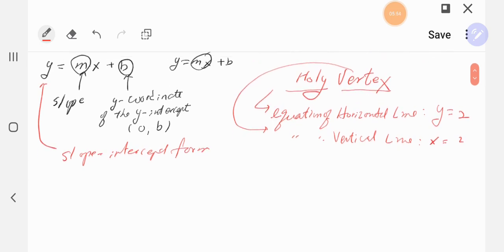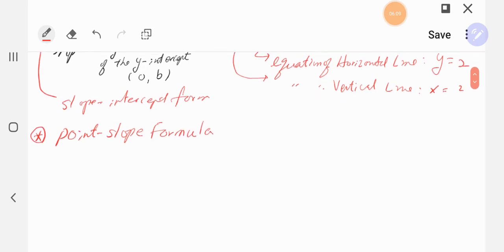And then there's another form, the point-slope formula. Here x1 and y1 is a point on a straight line, and m is the slope.